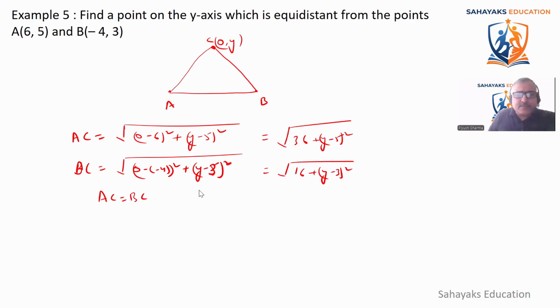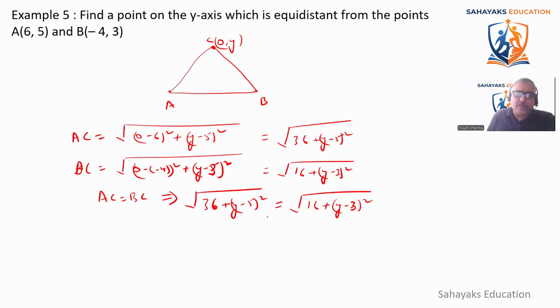Because we know AC is equal to BC, we'll equate these. That gives us square root of 36 plus y minus 5 whole square is equal to square root of 16 plus y minus 3 whole square. Now we'll square both sides.